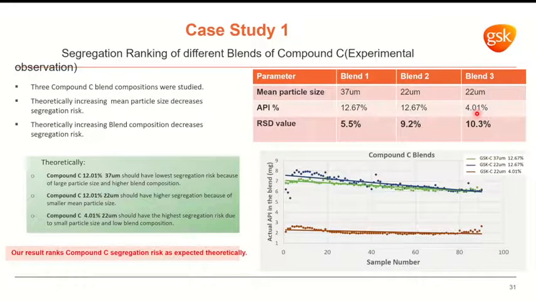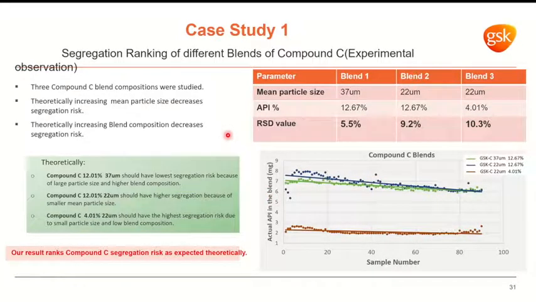So we did our experiments and we exactly saw what we were theoretically expecting. We saw that blend 1 has an RSD value of only 5.5% and is showing the least segregation risk, and blend 3, with the smallest particle size and the lowest API percentage in the blend, is showing the highest segregation risk of 10.3%. And here in the graph, the results are displayed.